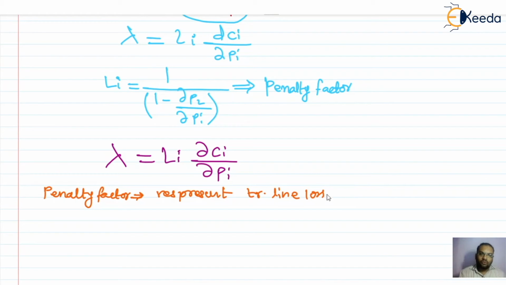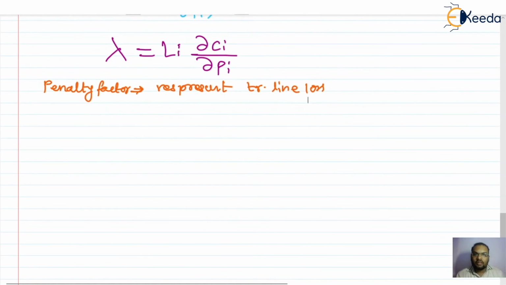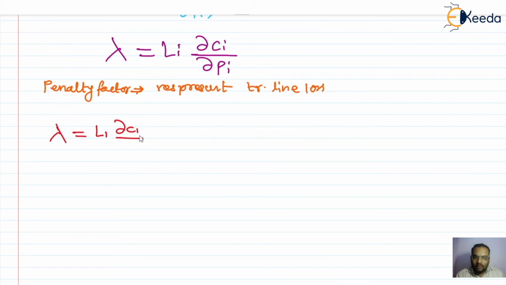Now we can say it is generalized. If we have a number of alternators, then for the first unit we will get L1 into the differentiation of the cost function of the first unit with respect to power output of the first unit.